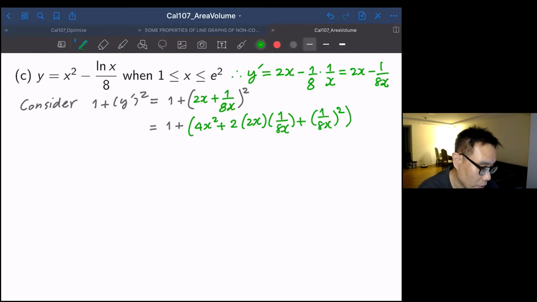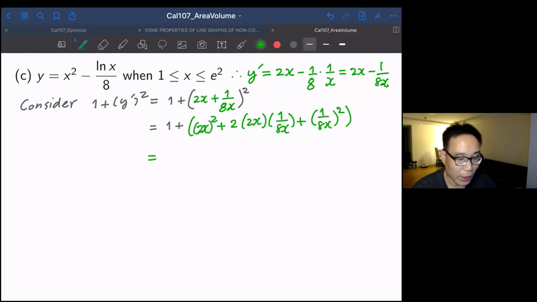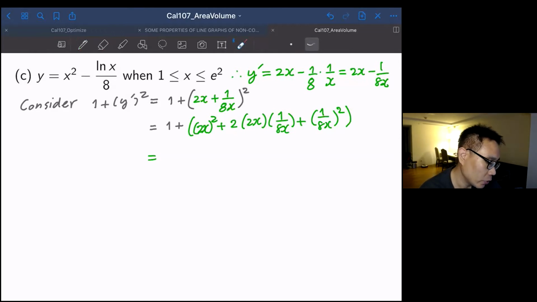Let me write this in terms of 2x squared, because I'm not going to compute this explicitly. The important thing for this question is that you just leave something like this first. You expand this out, and you'll notice that it turns out to be something nice, so you'll be able to cancel.